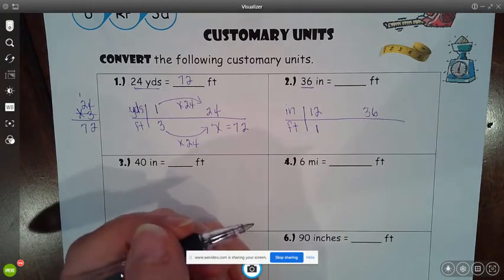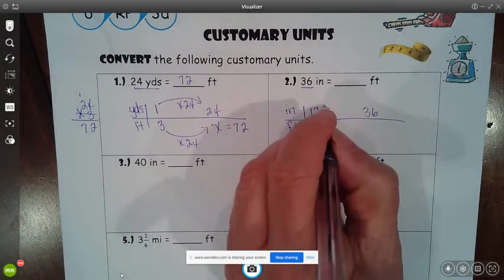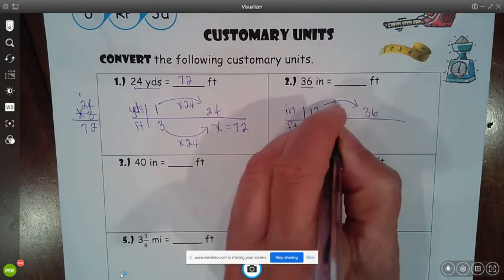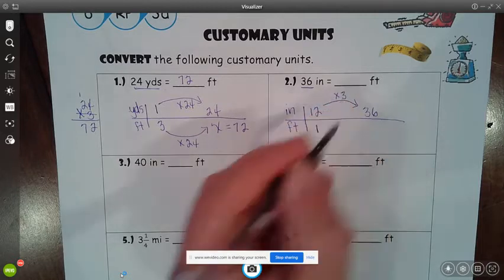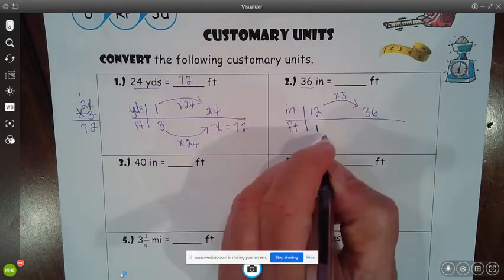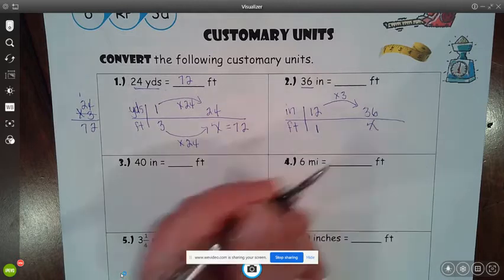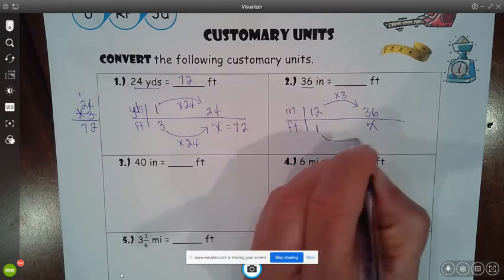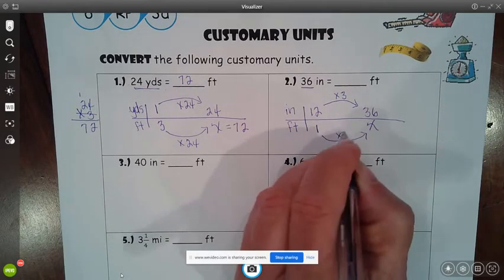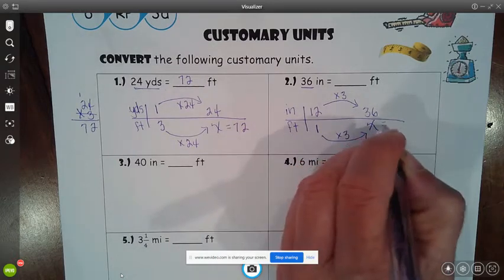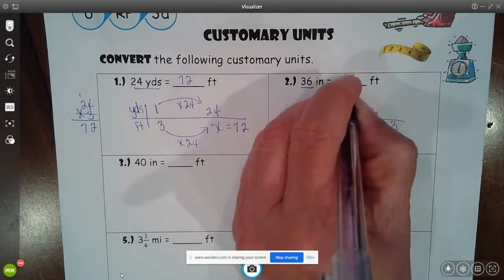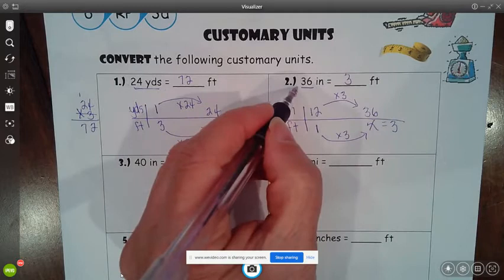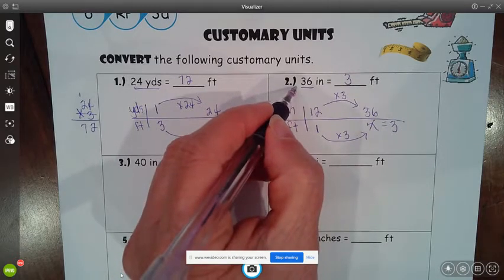And then as I'm looking at it, I notice that I can multiply 12 times 3. So my scale factor is multiplying by 3. And again, that's my unknown. I take this and multiply it by 3. X is 36. So again, 36 inches is equivalent to 3 feet.